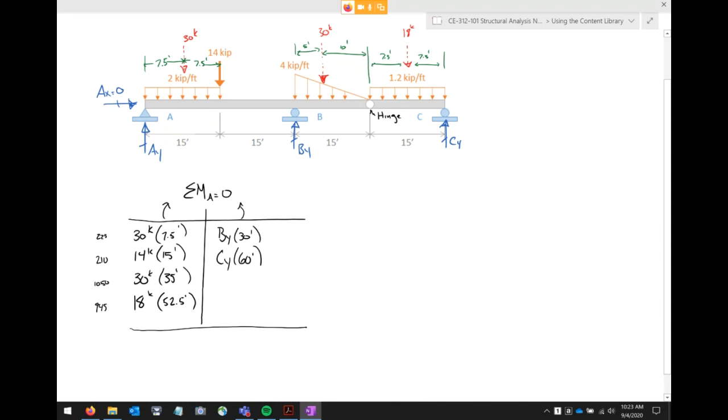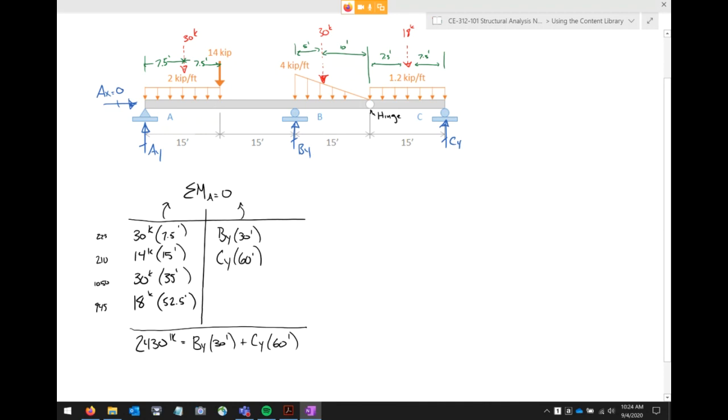All right, so 225 plus 210 plus 1050 plus 945, I get 2,430 foot kips equals, and what does that equal? It equals BY times 30 feet plus CY times 60 feet.